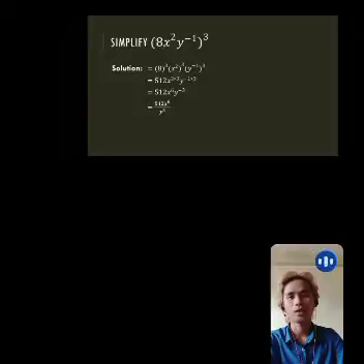Now x squared raised to 3 would be x raised to 6. For y raised to negative 1, multiply that by the exponent 3, and then we have y to the negative 3.